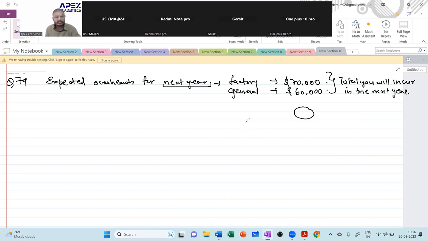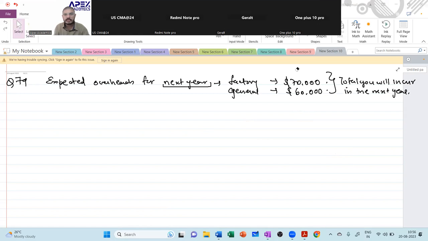You are supposed to calculate overheads to be applied to a particular job.